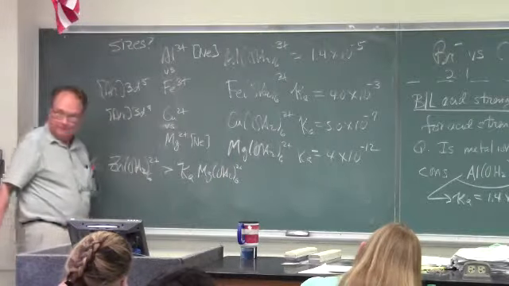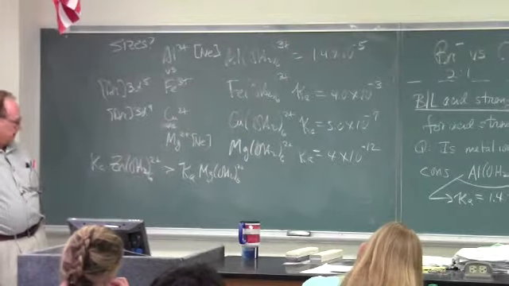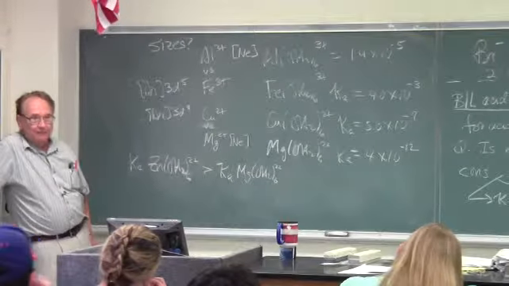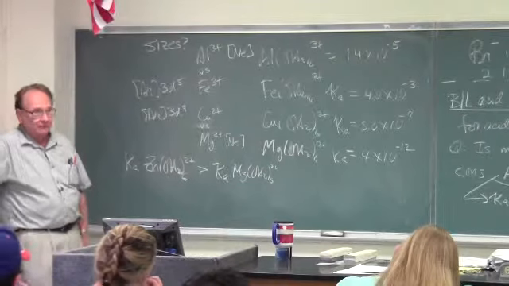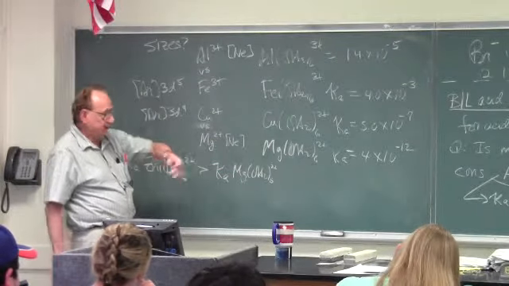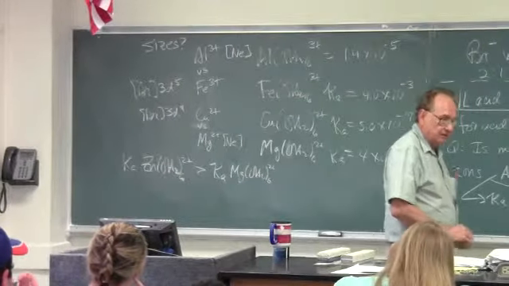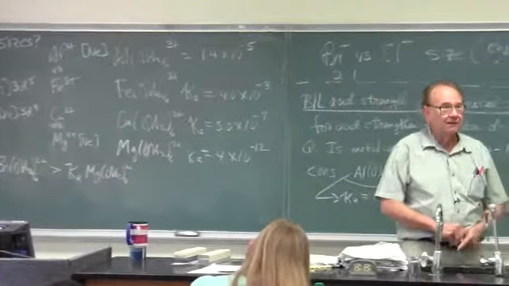I like to pick at this lab stuff. What did you do in lab to support the conclusion that hydrated zinc ion is a stronger Bronsted acid than hydrated magnesium ion?